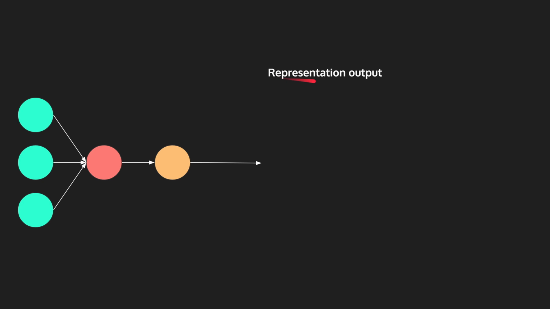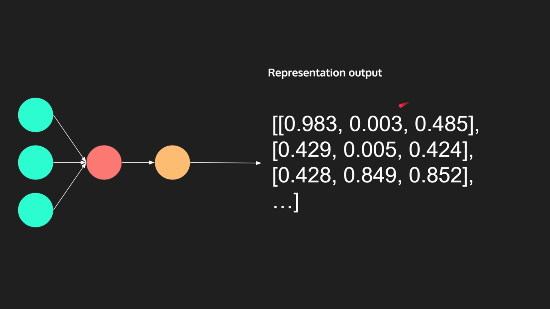Let's see our representation output. It's also numbers. So we don't actually immediately get back an image or a text or anything. We actually get back numbers as well for our representation output. So that's something that you have to keep in mind.